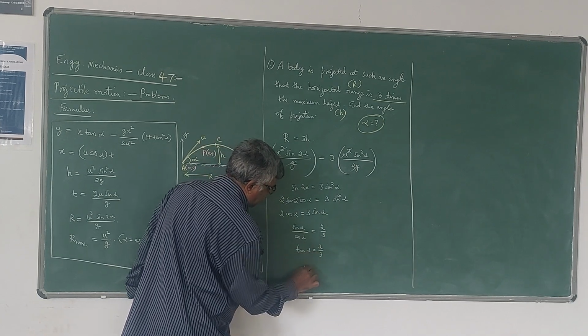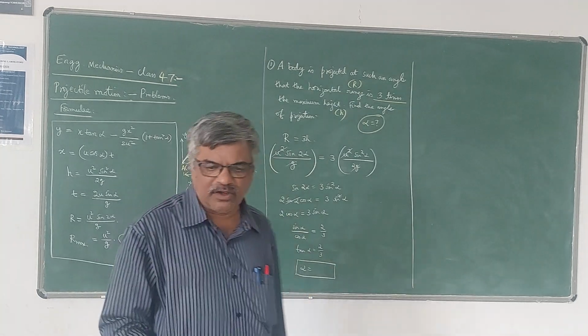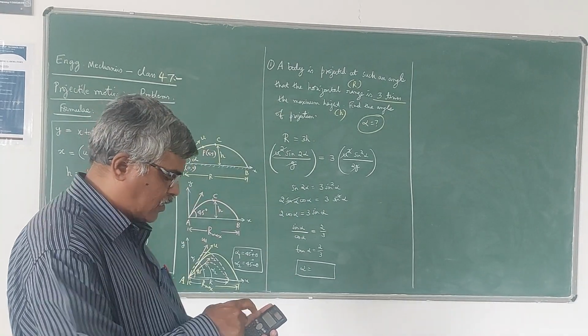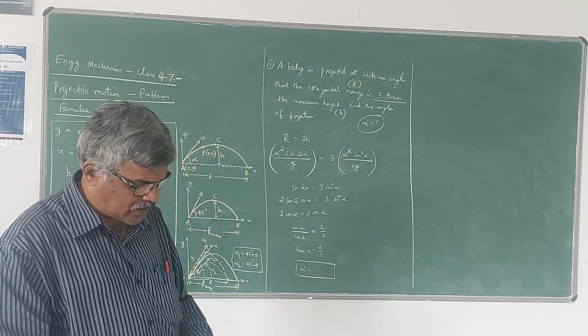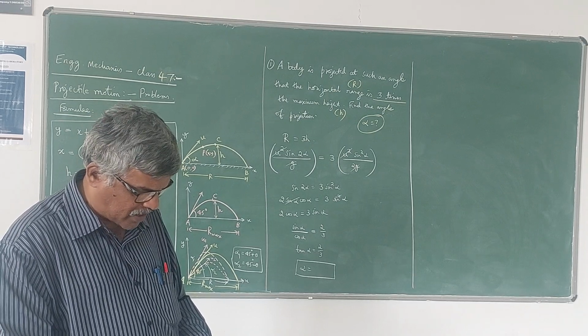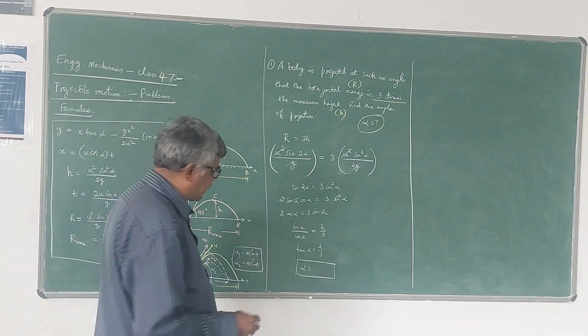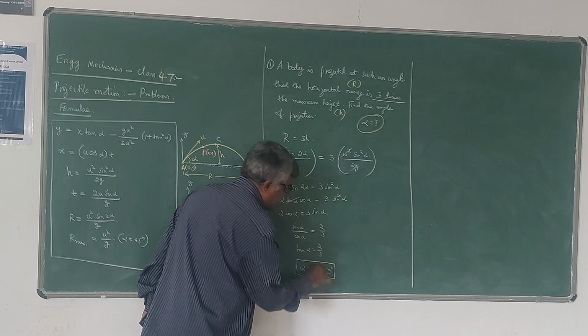Therefore the value of alpha is tan inverse of 2 divided by 3, which is 33.69 degrees. So this is the angle of projection.